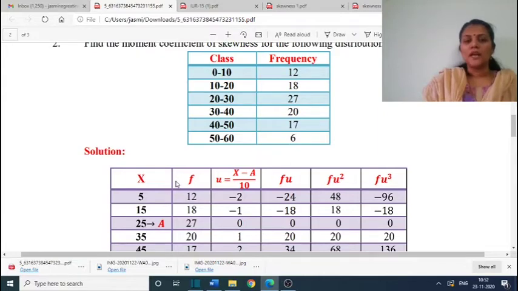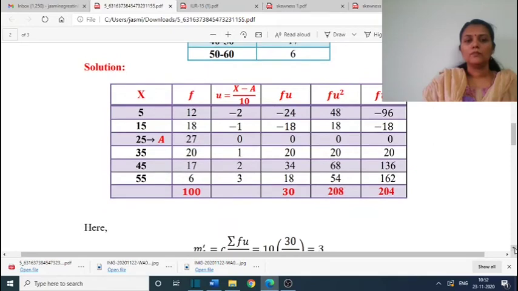So we have x equal to the middle values 5, 15, 25, 35, 45, 55, and f equal to the corresponding frequencies 12, 18, 27, 20, 17 and 6. So sigma f is equal to 100.